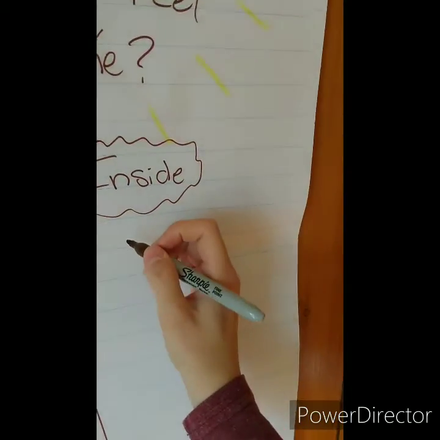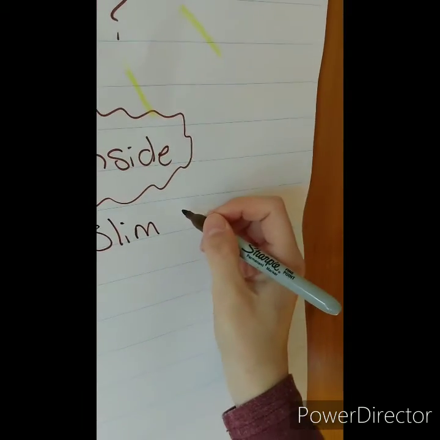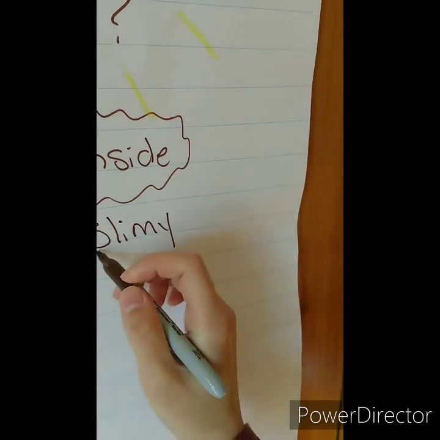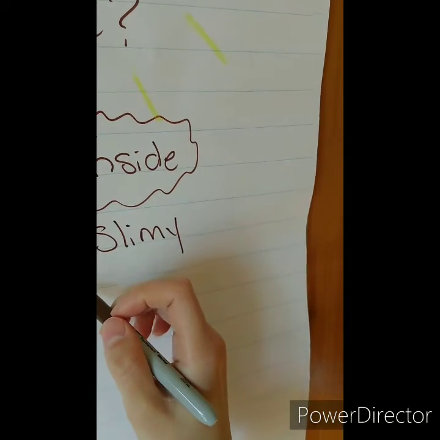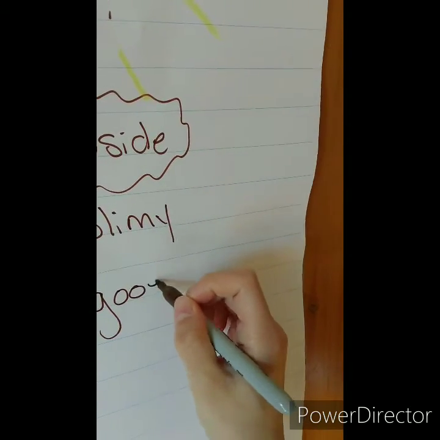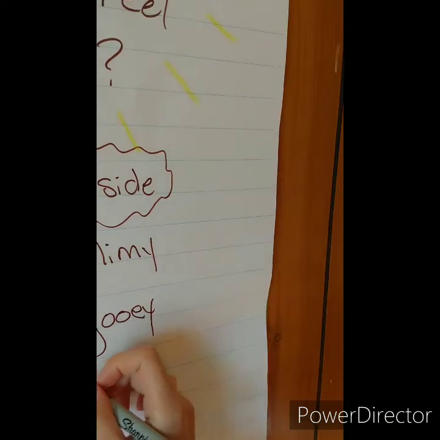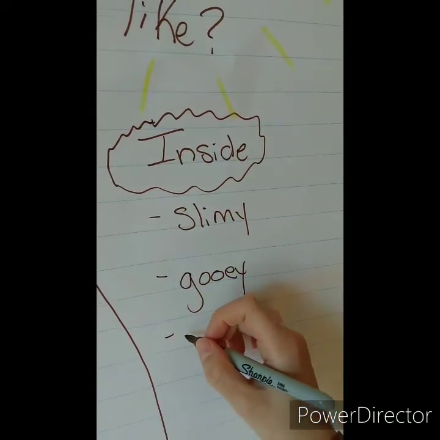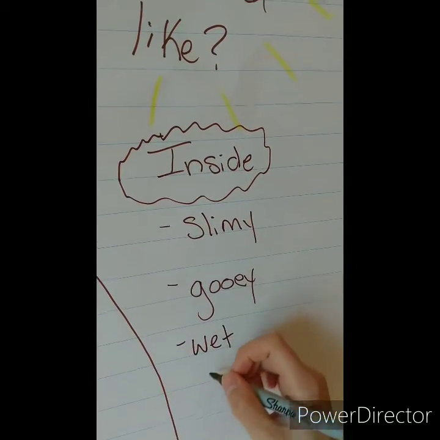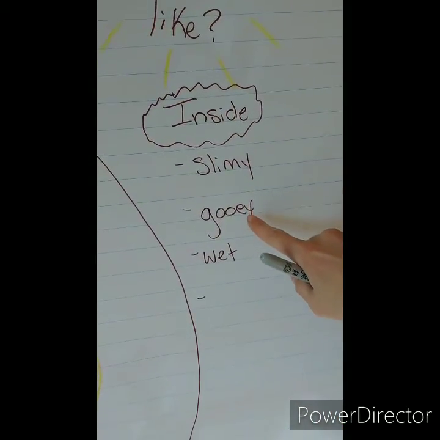So remember, I used the word slimy. It kind of feels like slime when we play with slime. So there's the word slimy. The next word I used was gooey. And then another word I used to describe the inside of the egg was wet. So we have slimy, gooey, wet.